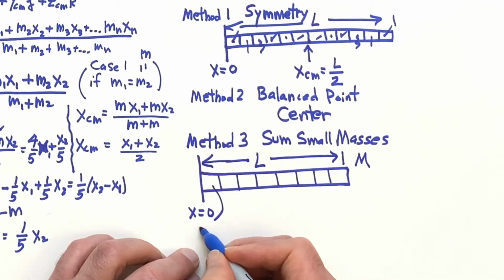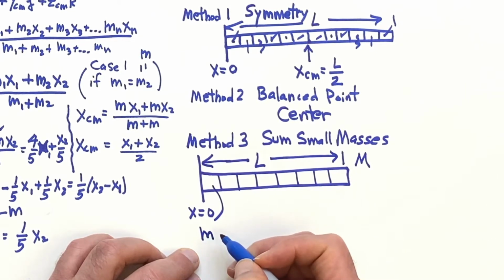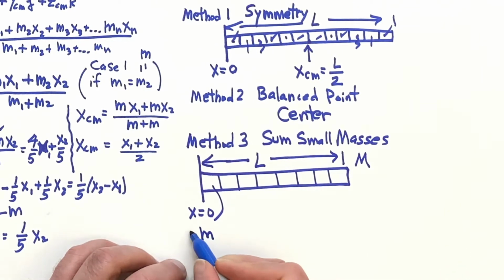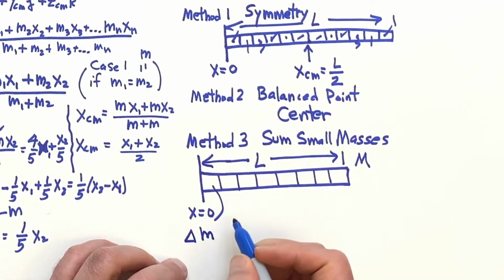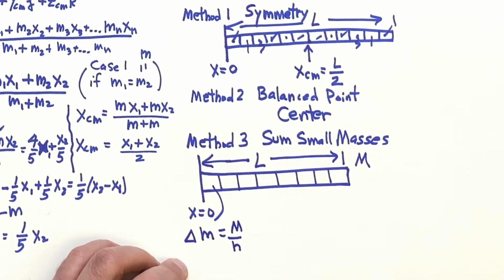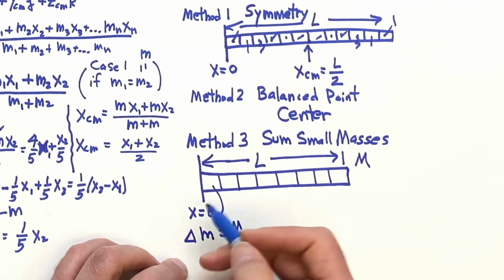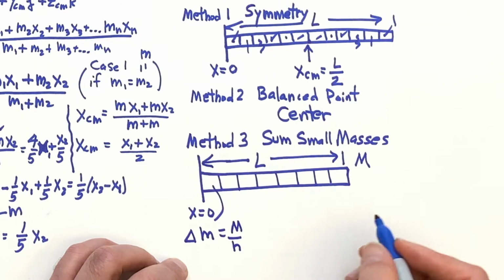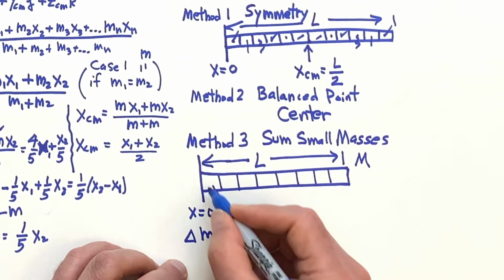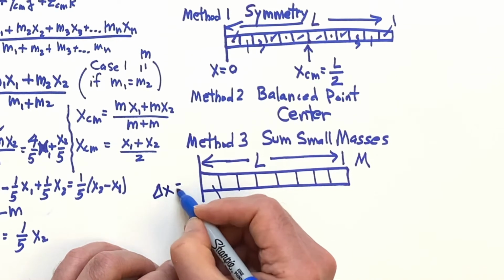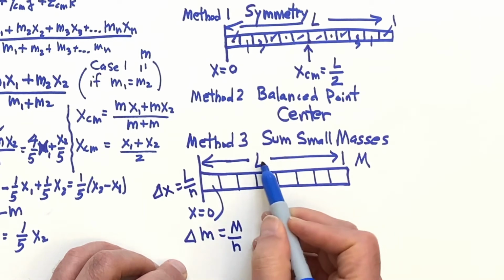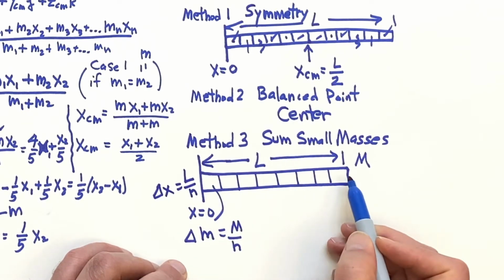Then each of these will have a small mass, which we're going to call delta M, as the big mass M over N, where N is the number of small blocks. And then the delta X that goes with this would be the big L over N. So if you multiply N times delta X, you would get the entire length.